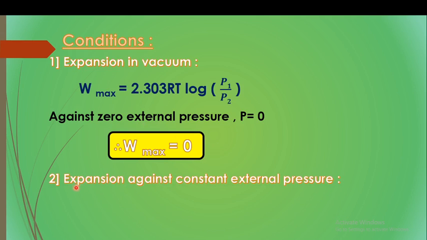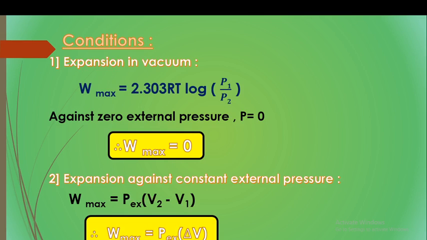Next, if we do the expansion against a constant external pressure, there is a change in pressure from P1 to P2. Since the pressure is constant, W max is equal to P into bracket V2 minus V1, where P is the external pressure.